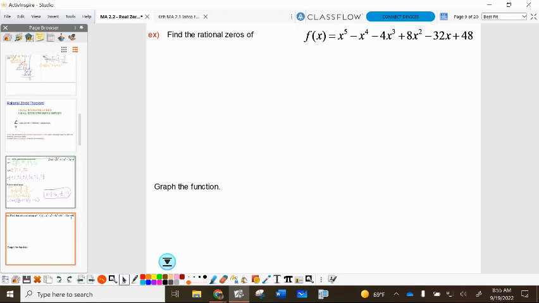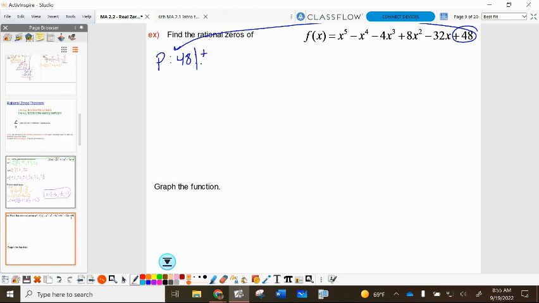So let's try that again for a little practice. So here, my p-value, remember I said grab that constant from the end. That's what we're going to start with. Okay, so that's how I remember which one's p and which one's q. So 48, so it's going to have a much longer list of factors.